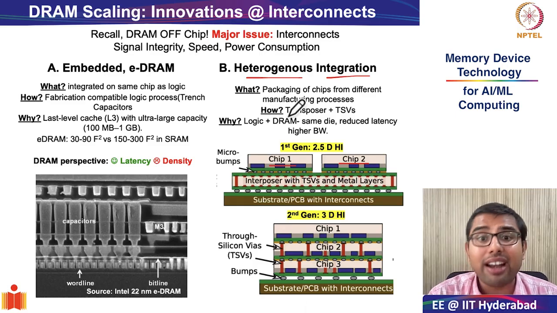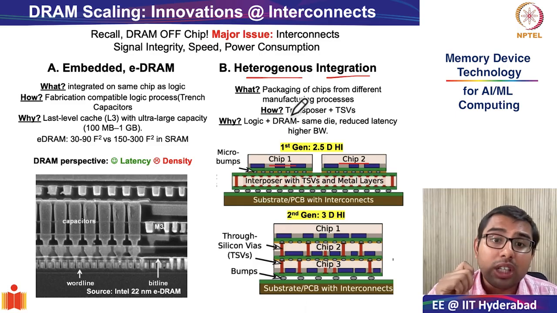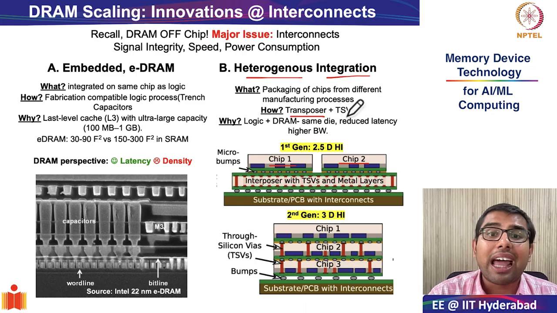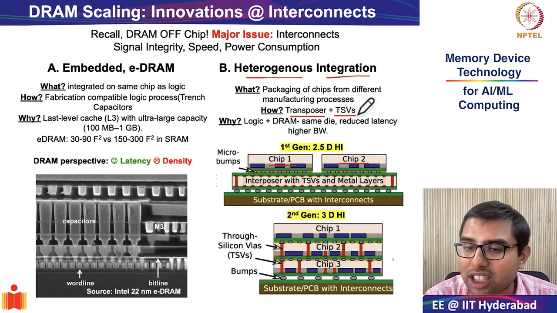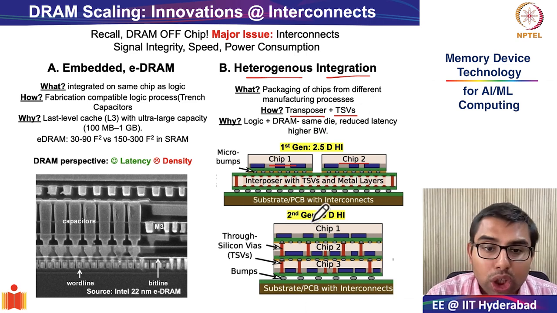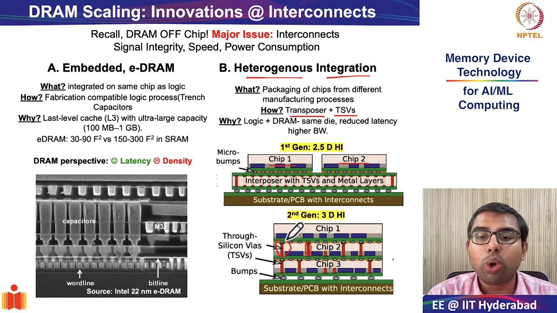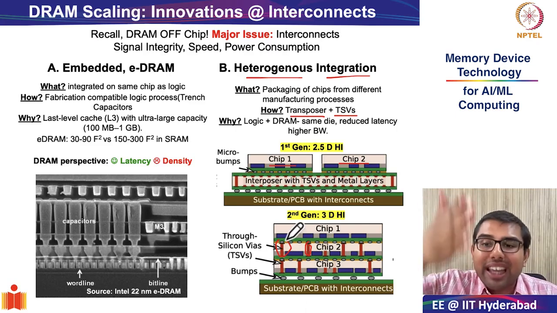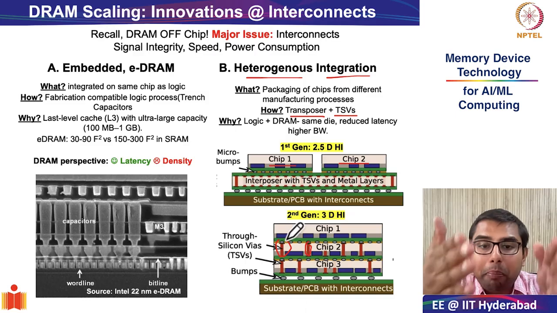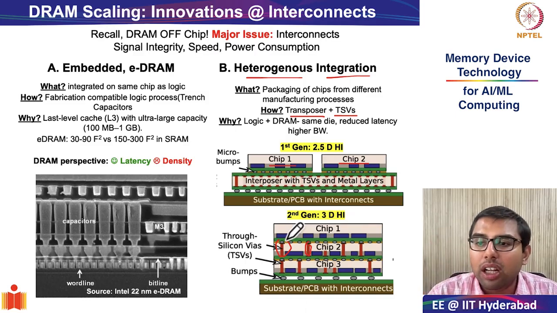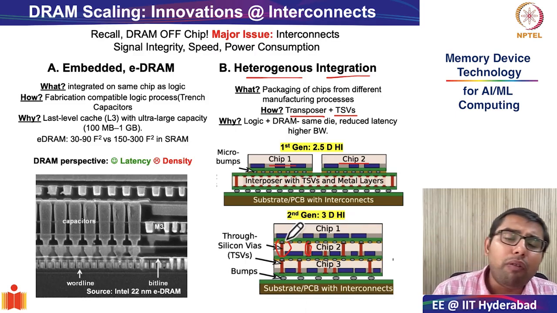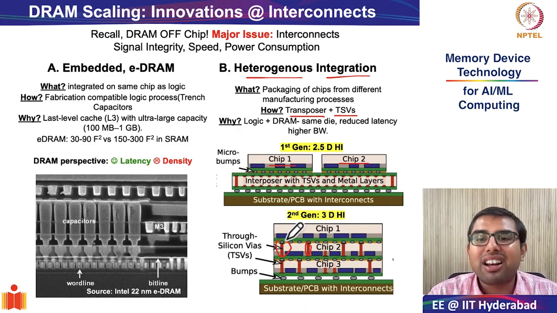How is this facilitated? It is facilitated through a fabrication process of having interposers plus TSV technology. What is TSV? TSV means through silicon vias. You see these red through silicon vias. They are vertical electrical connections that pass through thinned-down silicon dies, which enable very high density interconnections.